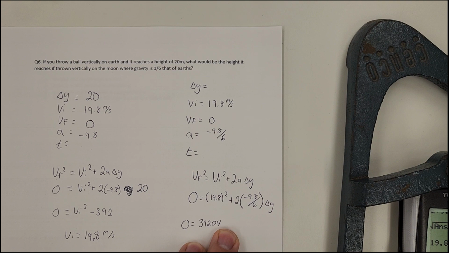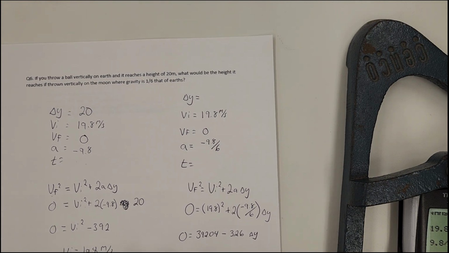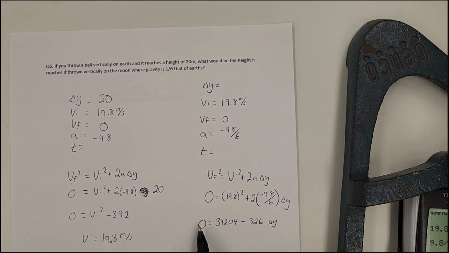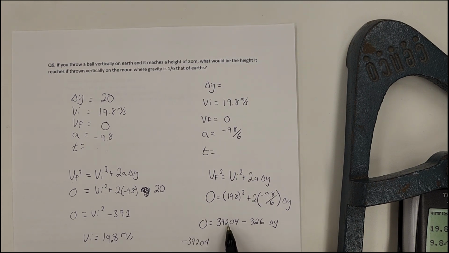And then, of course, this one here, the 9.8 times 2 divided by 6 is the same as dividing by 3. So we're going to get a negative 3.26 change in y. Okay, so now I'm going to minus the 392 to the other side and get negative 392.04. And then I'll be left with a negative 3.26 delta y.